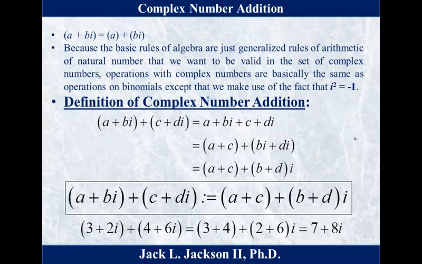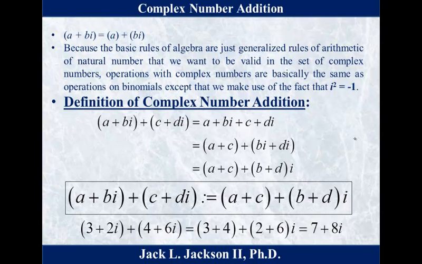And then, using the distributive property, we factor the i out of the second one, and we get a plus c plus b plus d times i. So that will actually give us our definition of addition. a plus bi plus c plus di is defined to be a plus c plus b plus d times i. So the real part of the sum is just the sum of the real parts, and the imaginary part of the sum is the sum of the imaginary parts.